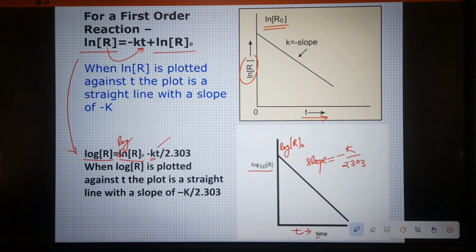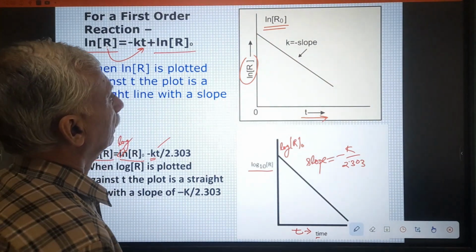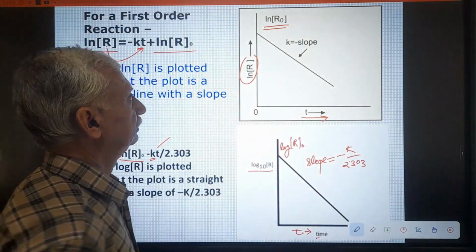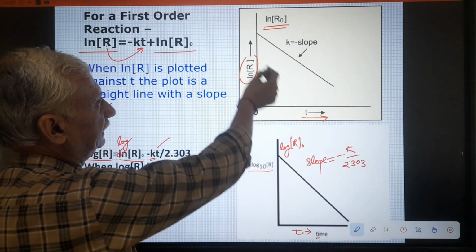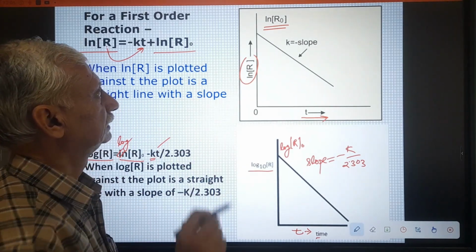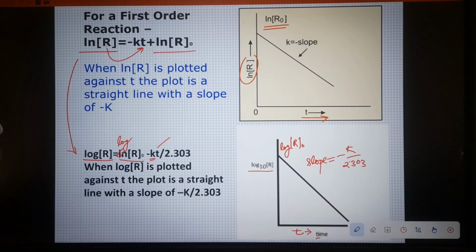So such type of plot can also be asked in the examination. For example, if natural log of the concentration of reactant is plotted against time, and the plot is a straight line with a slope of minus k and intercept natural log of the initial concentration of reactant, then what will be the order of the reaction?